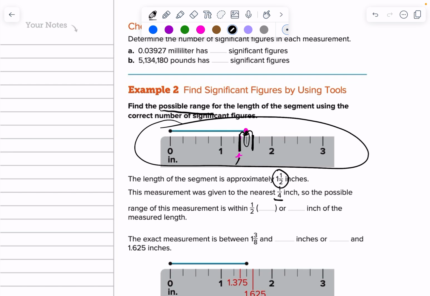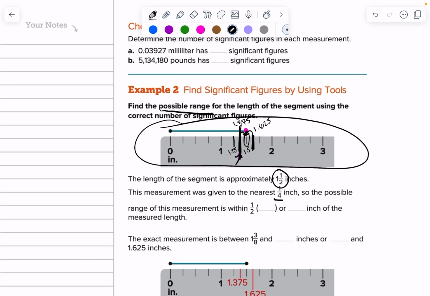Now what is this marking right here? This is 1.25. But what's this marking right in the middle here? If this is 1.5, what's exactly between 1.25 and 1.5? 1.375. That's 1 3/8, and this is 1 5/8, or 1.625.